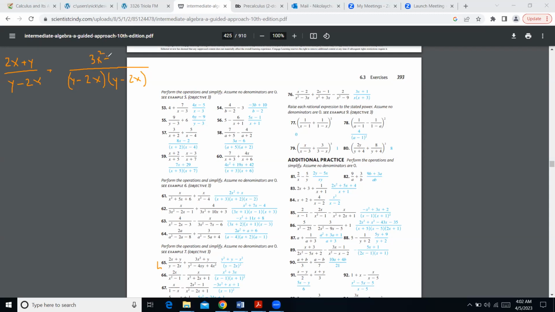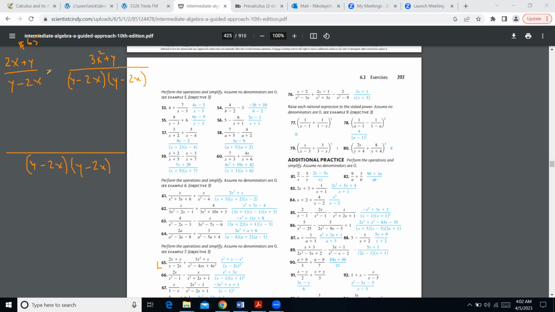So now I need to produce the same denominator. Again, I'm doing exercise 65. And the same denominator must have everything. Means that it has to have y minus 2x, and again y minus 2x, because it looks like the second fraction has a denominator that contains the denominator of my first fraction.